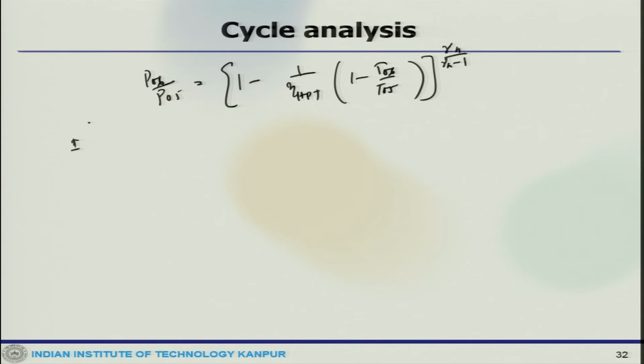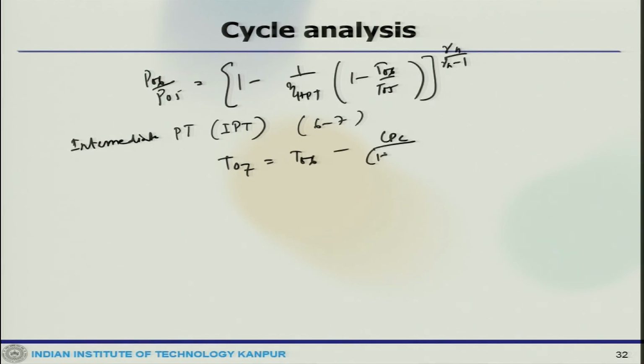Then the intermediate pressure turbine, or IPT, which is 6 to 7. Again, the energy balance would give us T06 minus T07 from CPC by 1 plus F CPH, T03 minus T02.